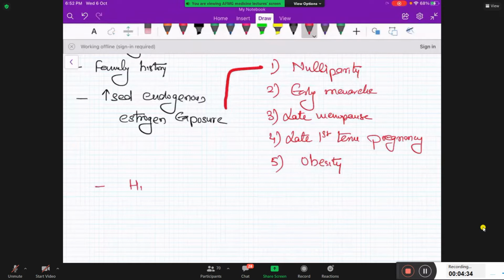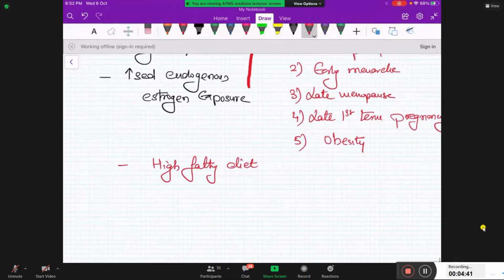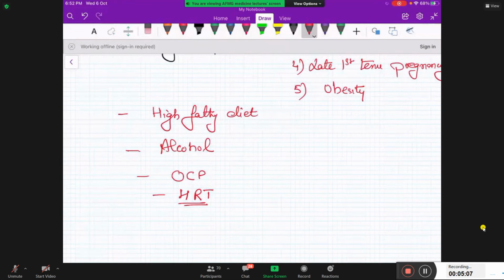Then high fatty diet, alcohol, oral contraceptive pills, important, and hormone replacement therapy also.